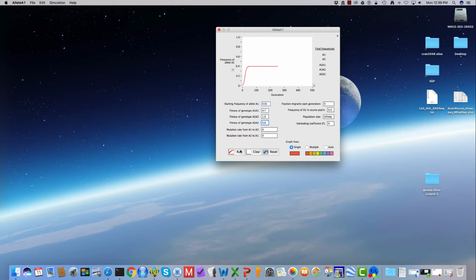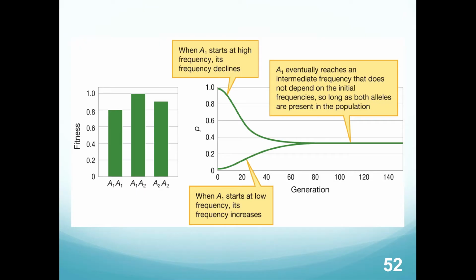And we'll find that the disease allele will come to a certain frequency within the population and stay there. So overdominance is the only type of selection which maintains both alleles in the population. Because the heterozygote is favored, and the heterozygote has both alleles in its genotype, it maintains those alleles in the population and it reaches an equilibrium.